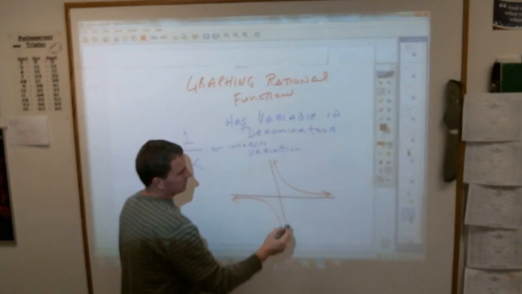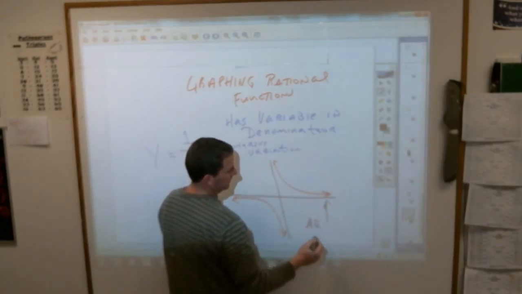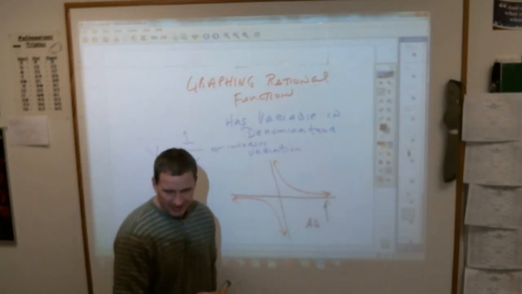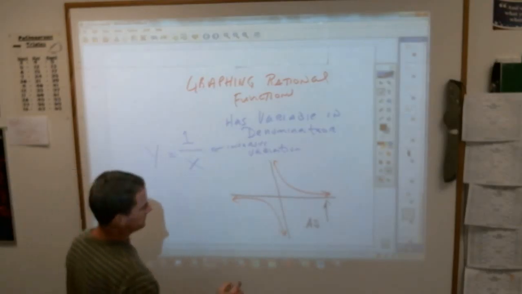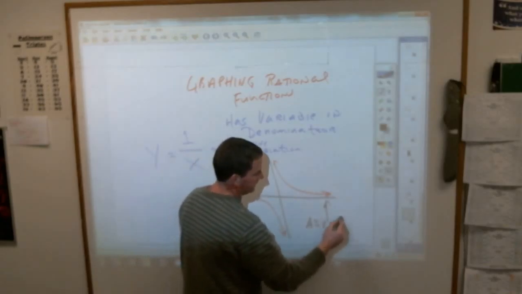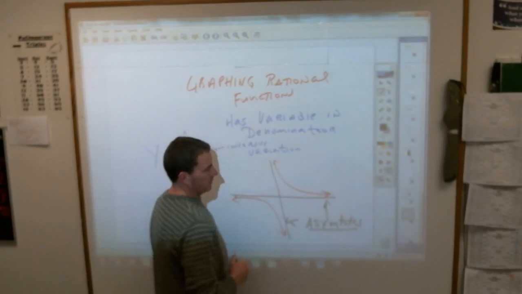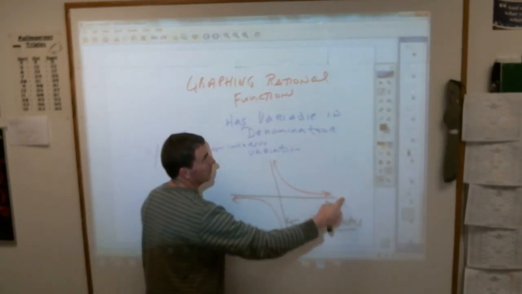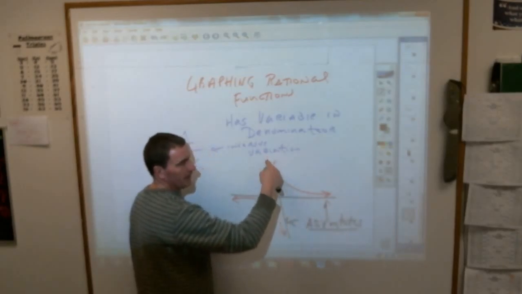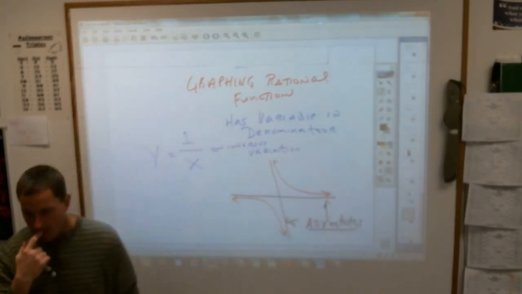Those things are called, it's a hard word for me to say, asymptotes. It's hard to put those letters together. Asymptotes. The x-axis is the horizontal asymptote, and the vertical one is the y-axis.